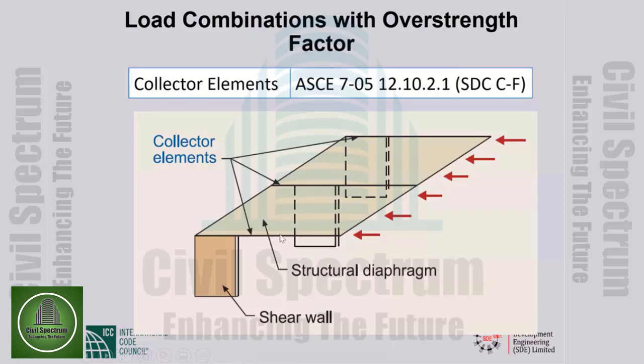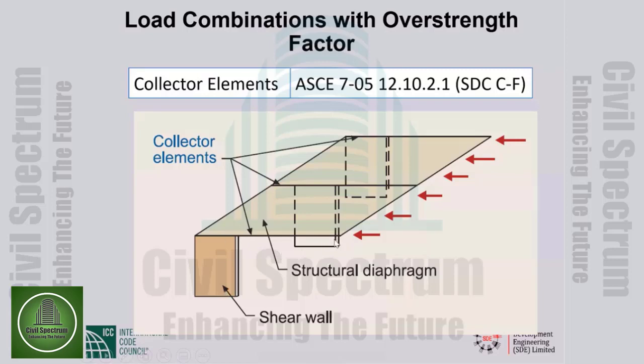If the entire width of the diaphragm, let us say 50 feet, were supported by shear walls or frames, the shear would have been directly transferred to the supporting shear wall or frame, and there would be no question of a collector. But if the situation is as shown in the picture, you have 50 feet of diaphragm edge and 20 feet of shear walls, there has to be a beam-like element collecting the shear forces and then delivering them to the shear wall.